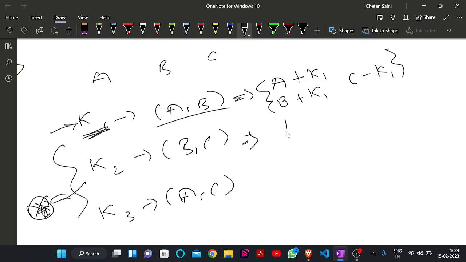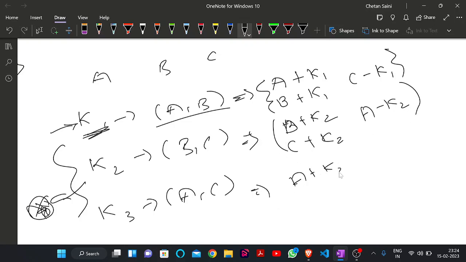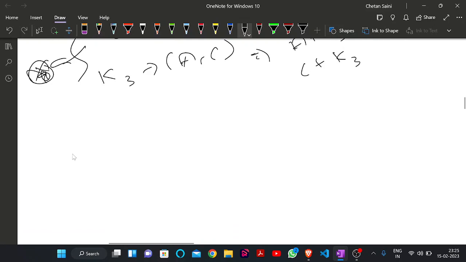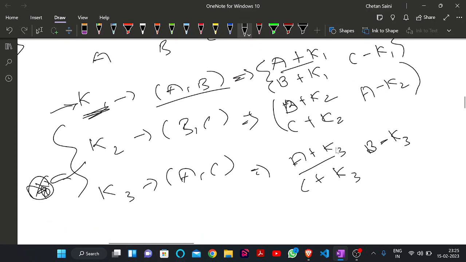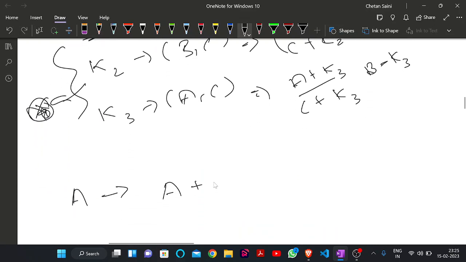From K2, B will be B plus K2, C will be C plus K2, and A will be A minus K2. And from K3, A will be A plus K3, C will be C plus K3, and B will be B minus K3. So in the final, A will be converted into A plus K1 plus K3 minus K2.